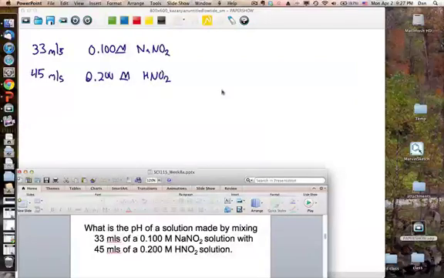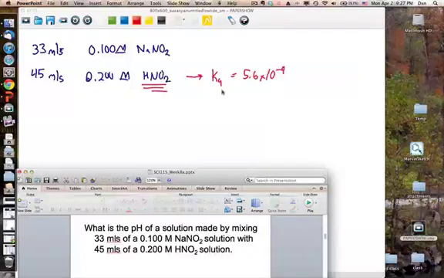So we can go to our tables. Look at the problem, this is a weak acid. We go to nitrous acid on the table, and we can see that the Ka for this is equal to 5.6 times 10 to the negative fourth.